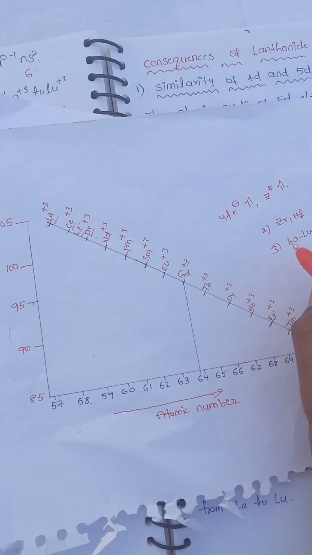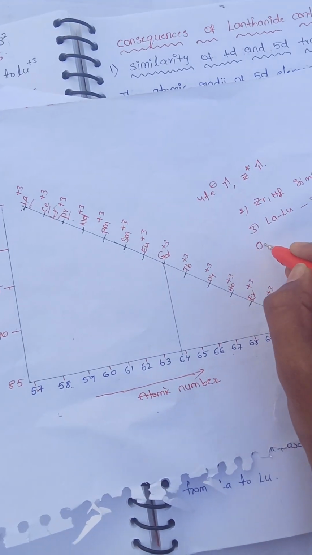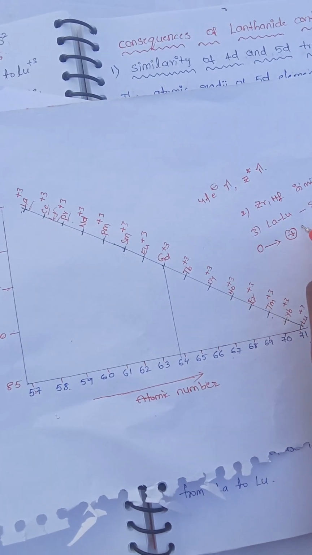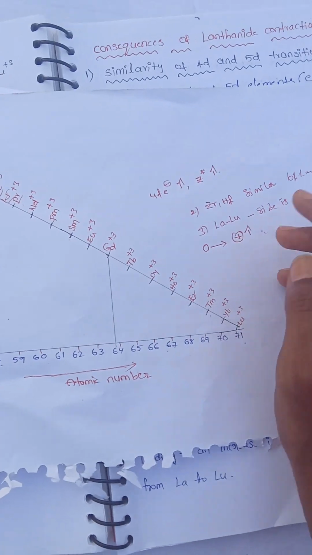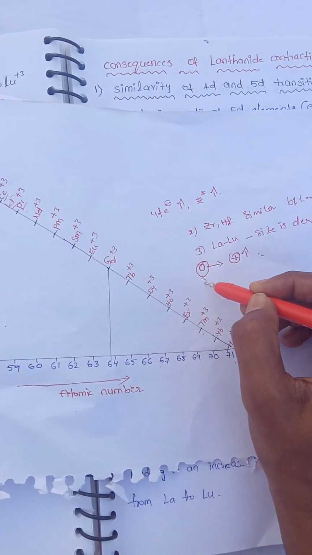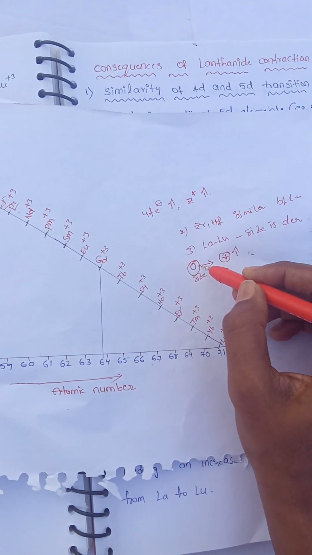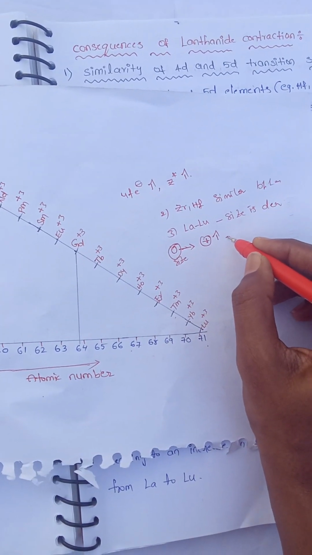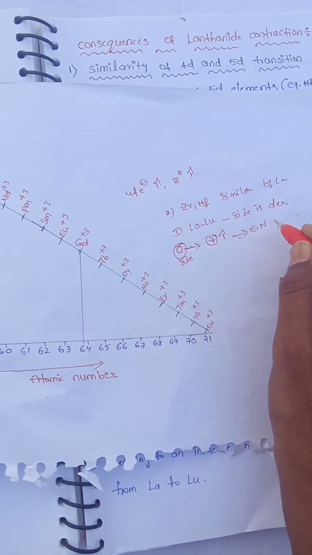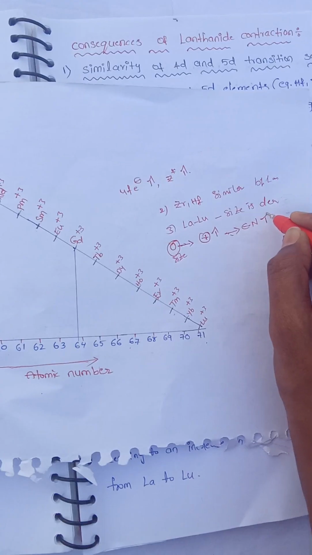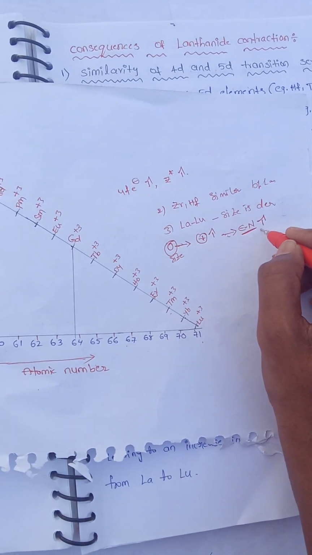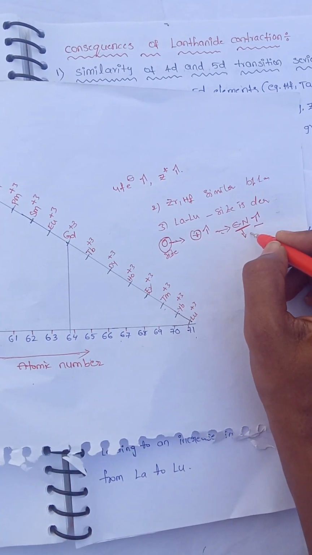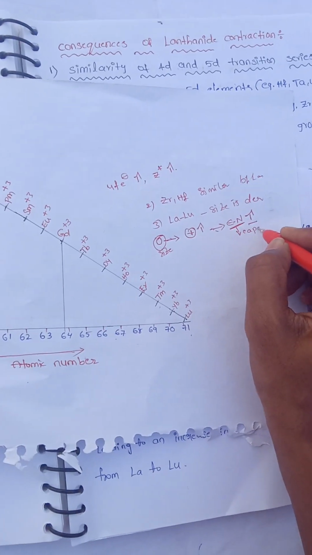So when size decreases, nuclear charge increases. When the size decreases, nuclear charge increases, and electronegativity, that means EN, also increases. EN means electron accepting capacity.